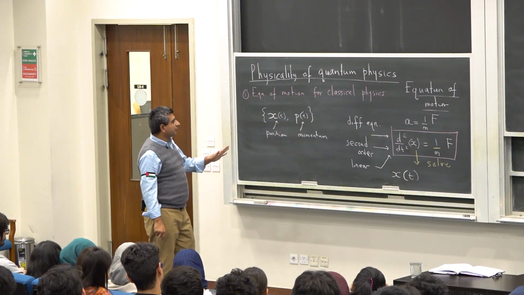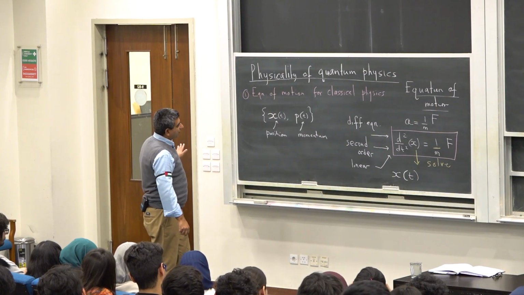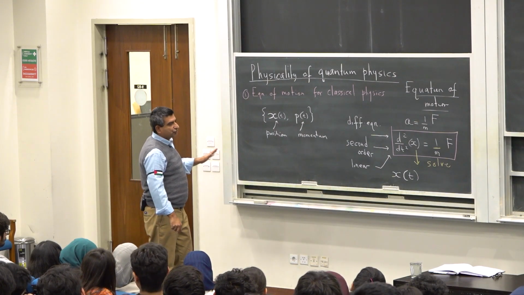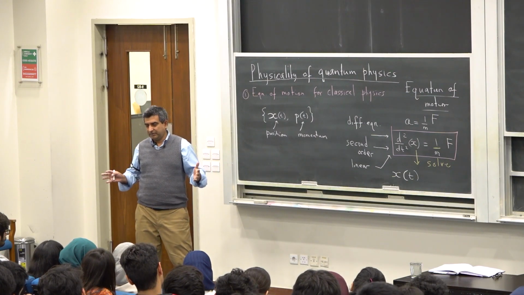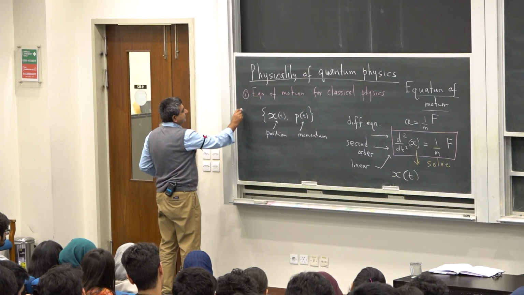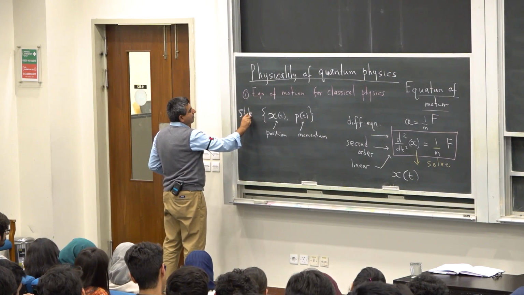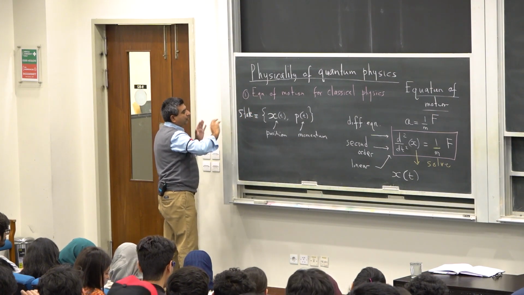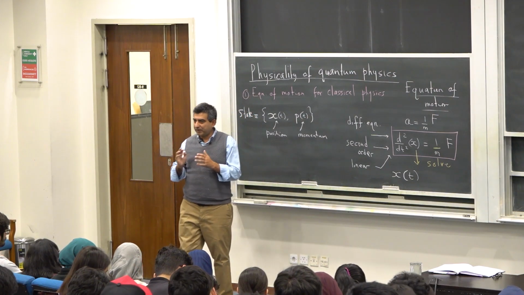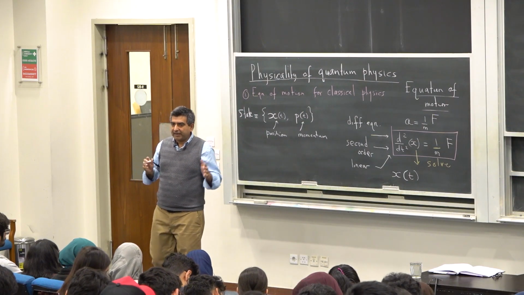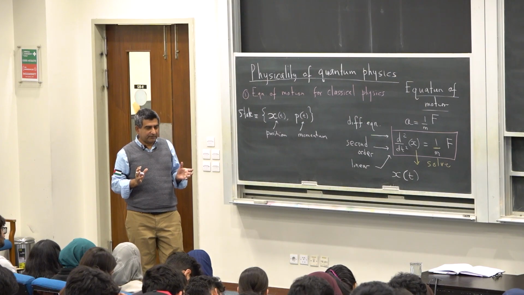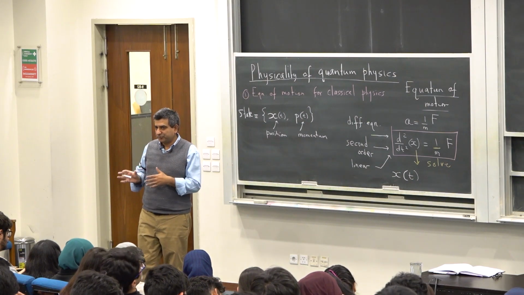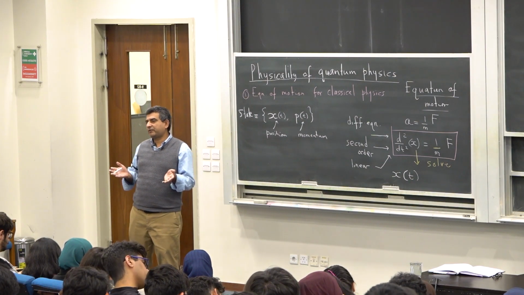In fact, the equations of motion for a classical system can also be written as an equation of motion for the state. So this is the classical state of a classical object. Just like we have ket psi as a quantum state, this ordered pair of numbers, position and momentum, describe the state of a classical system.